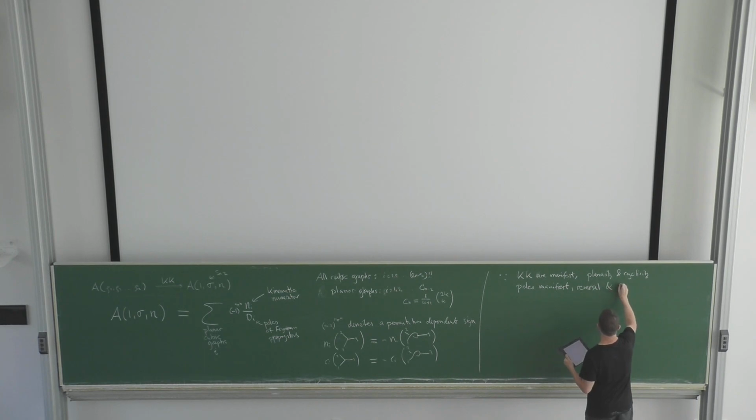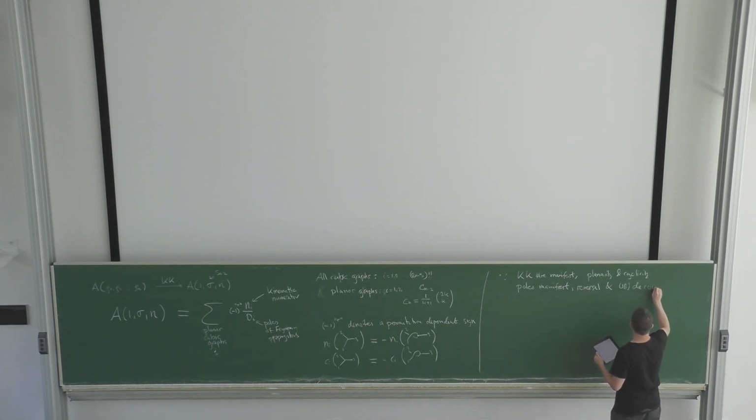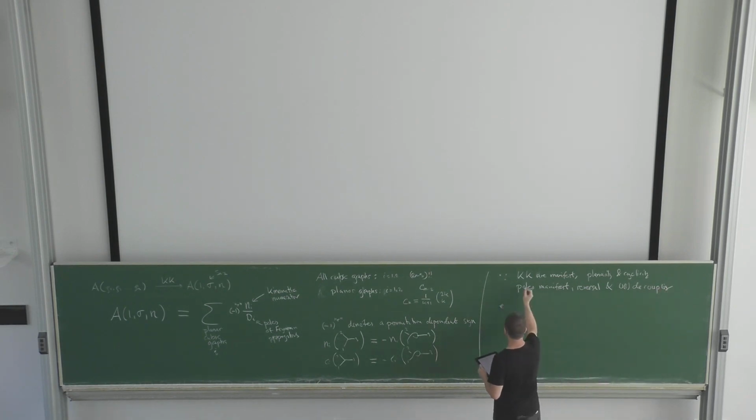And U1 decoupling. And as I said, U1 decoupling is just a subset of the KK relations. And this is just a claim, and in order to justify the claim, let me just give you an example.